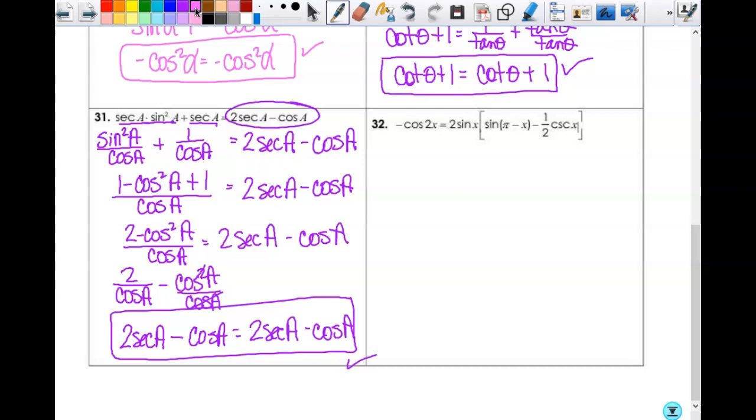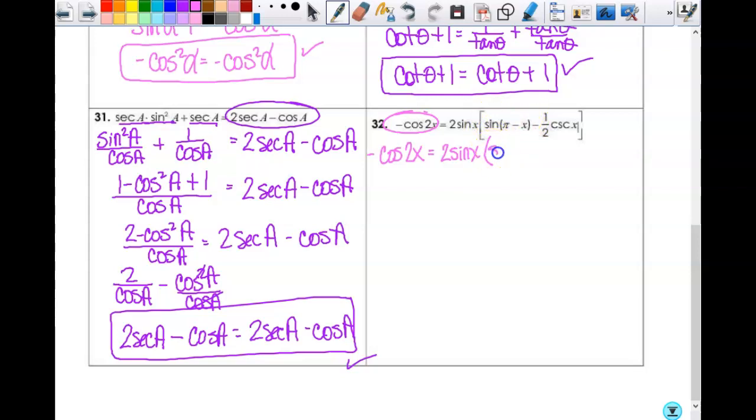All right, on 32, I definitely need to work with the right-hand side, right? So this is my goal: negative cosine 2x equals. All right, so the first thing I want to do is take care of this right here. So I'm just going to rewrite this: 2 sine x times, and then this is my sine of a minus b.